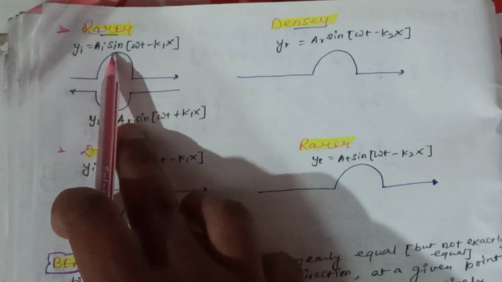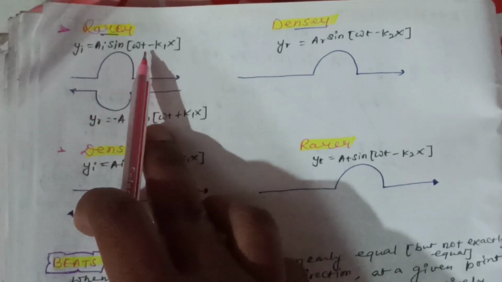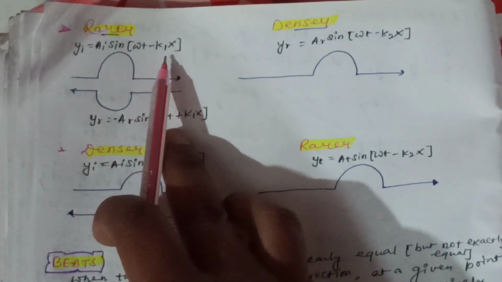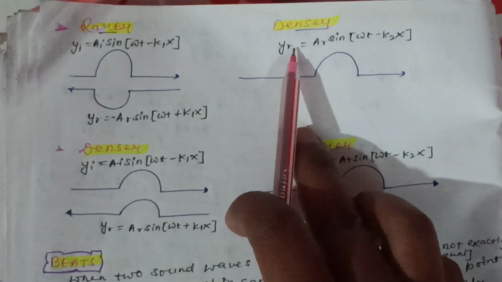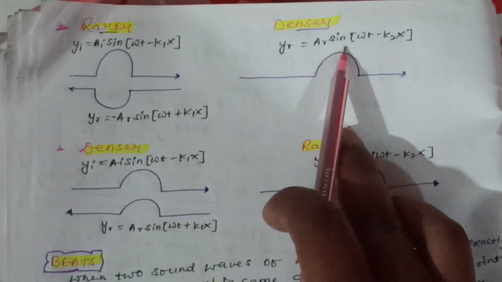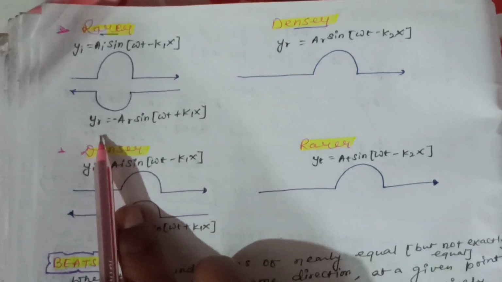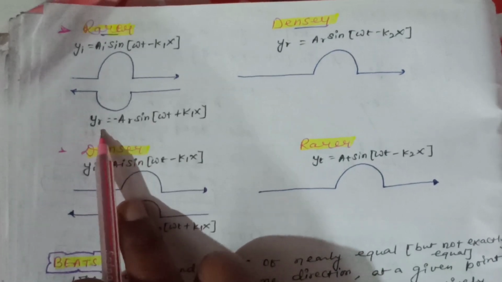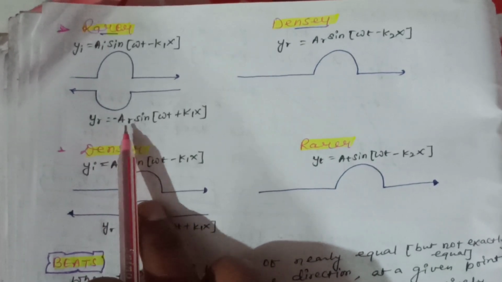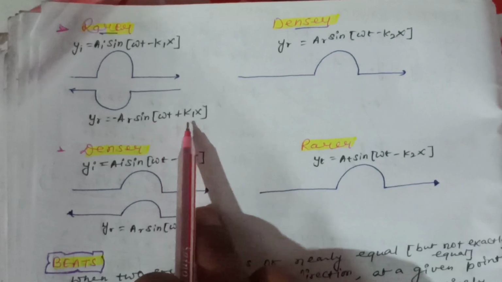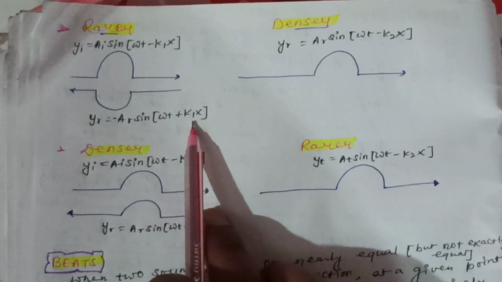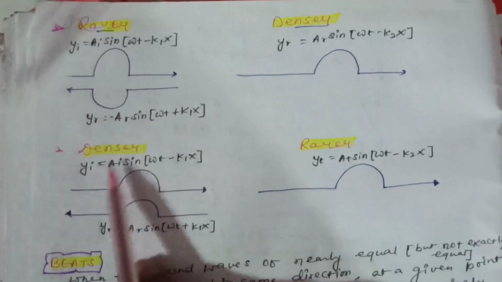Yi is equal to ai sin(omega t minus k1x). Yr is equal to ar sin(omega t minus k2x). Yr is equal to minus ar sin(omega t plus k1x).